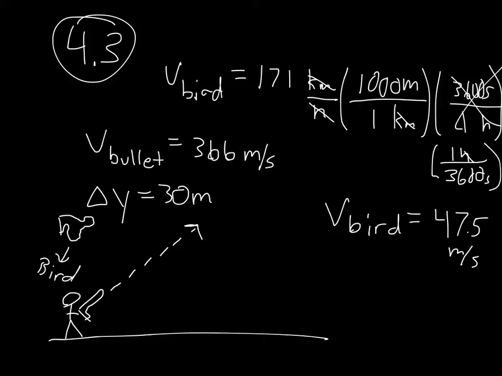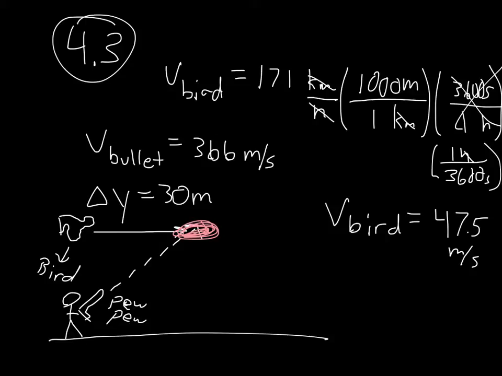So the bird's going to be flying at some velocity, right? I need to aim ahead of the bird because I need to anticipate where the bird's going to be so that when my bullet goes, it actually collides with the bird and we end up with a bloody mess. Okay? So I shoot my gun, it makes a sound. Pew pew. Okay. This is our picture.